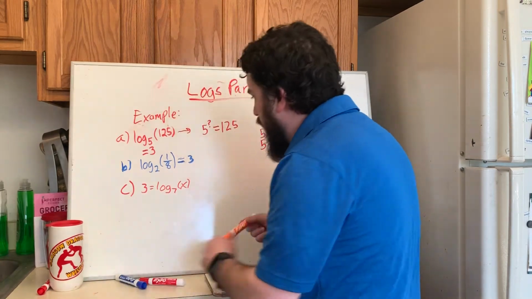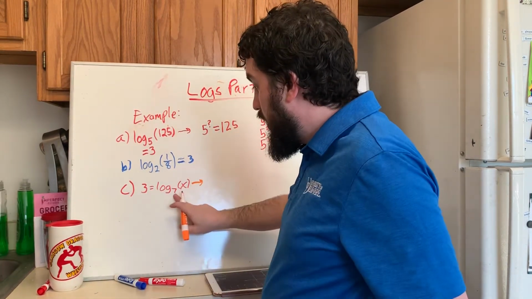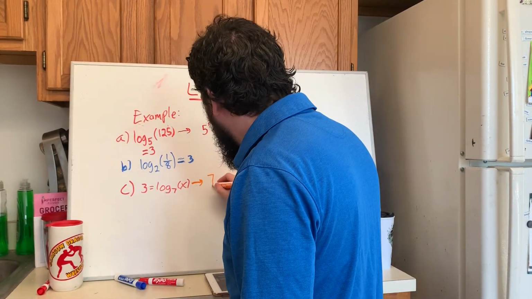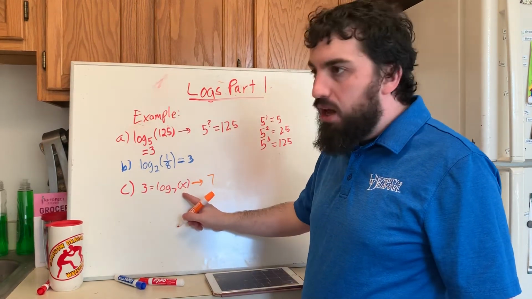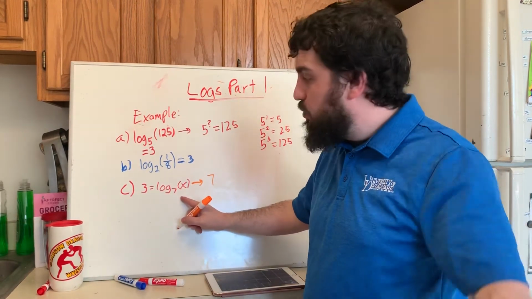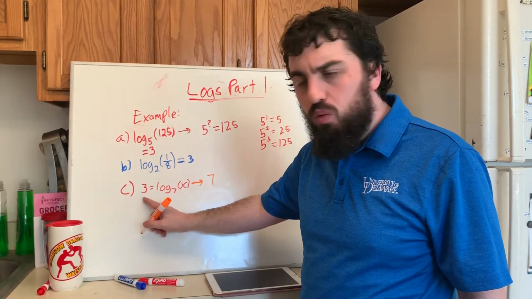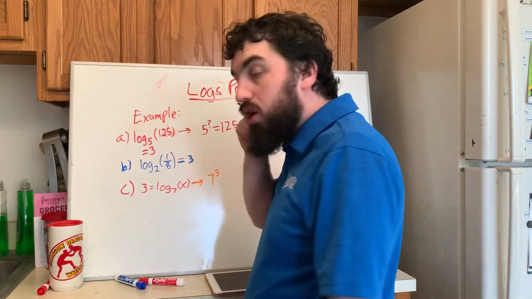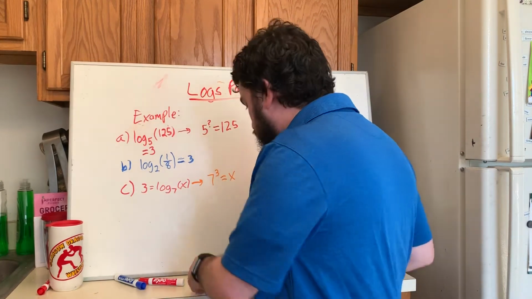So in doing my rewrite here, that's going to say, hey, the base of the log is 7. So 7 is the base of my exponent. X is the answer. X is the number I want to know. The power was 3. So it's going to just be 7 cubed is equal to x.